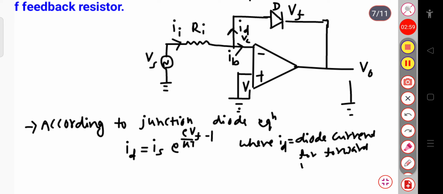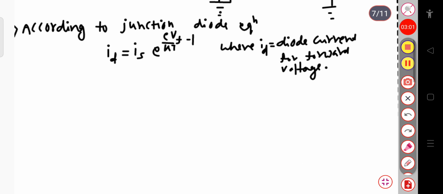And Is in this equation represents the reverse saturation current, and E represents the charge of an electron.